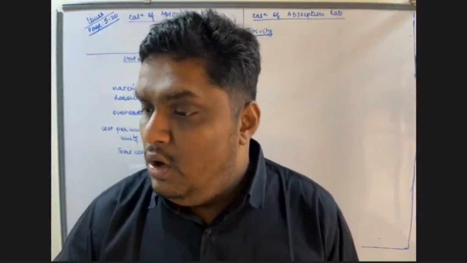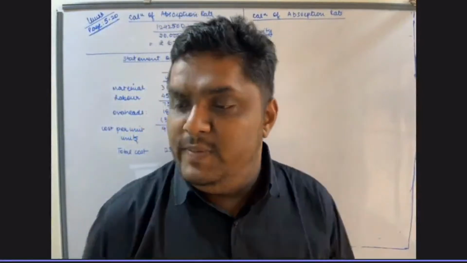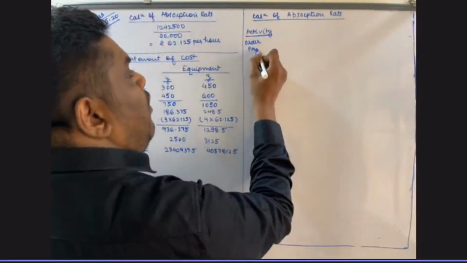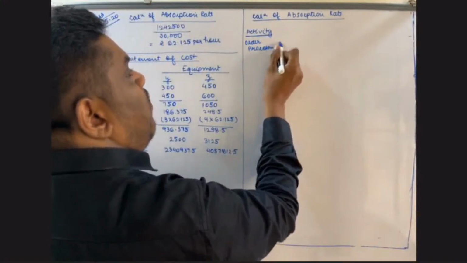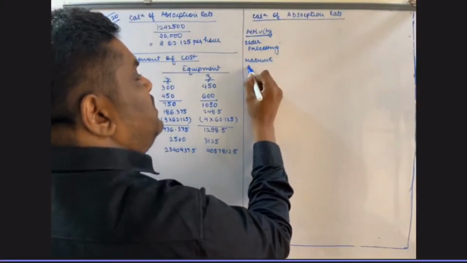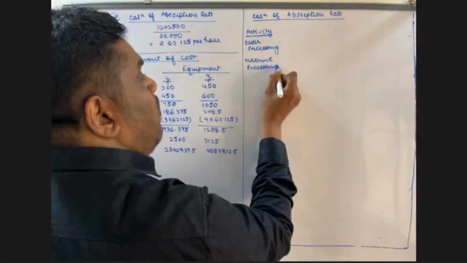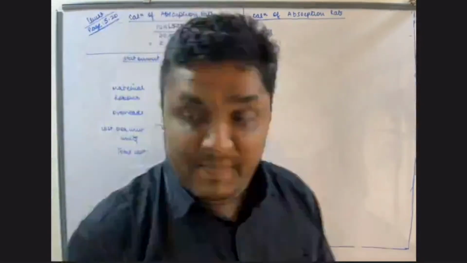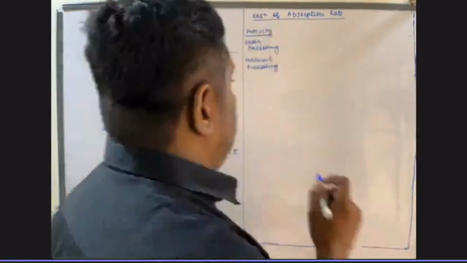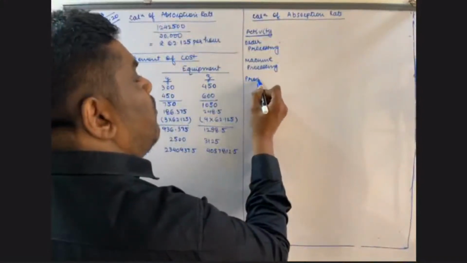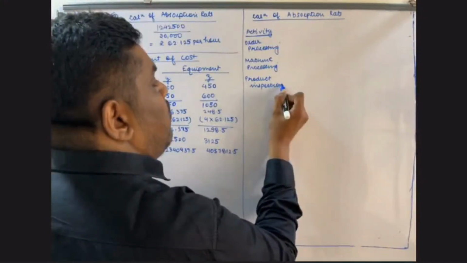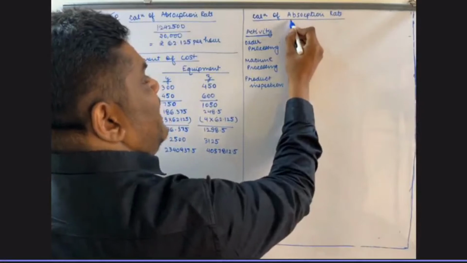So herein: order processing, machine processing, and product inspection. These are the activities.